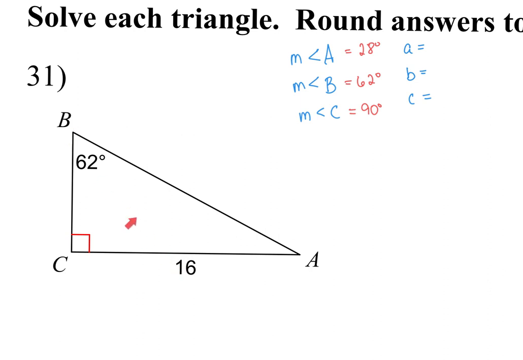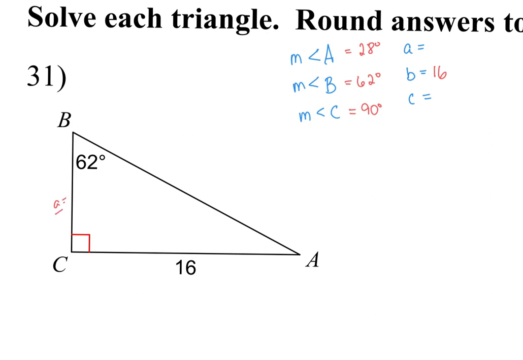They have given me the side opposite of B. So I'm going to go ahead and write that down as well. If it will let me. There we go. And then I know what I need to solve for. So I'm going to solve maybe for this A side here.